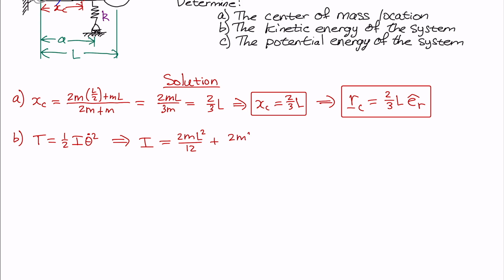So 2m L squared divided by 4. Plus the moment of inertia of the point mass, which is mL squared.